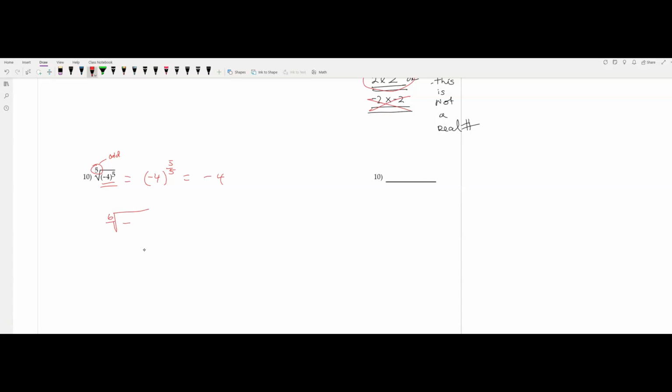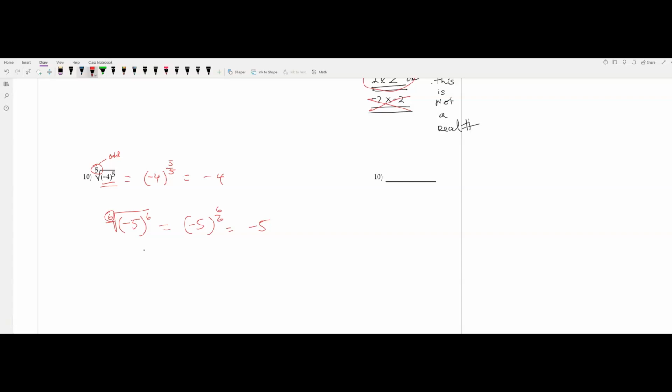But if I have something like the sixth root of negative 5 to the power of 6, then I have negative 5 to the power of 6 over 6, which is negative 5. I cannot have negative 5 as my answer because my index is even.